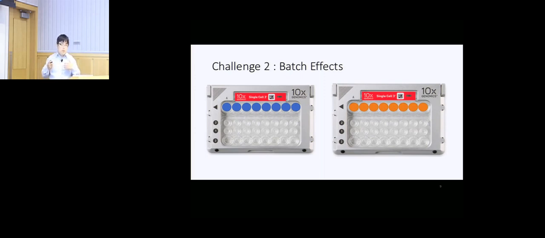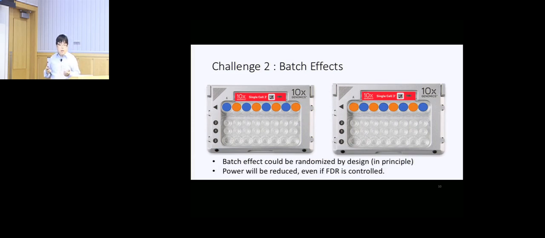Because, for example, if you do all the cases in one day in one set of wells, and do the controls on the other day with the other sets of wells, these technical differences are totally confounded with the biological differences, and it's very hard to disentangle which one is due to the technical effect and which one is due to the biological effect.